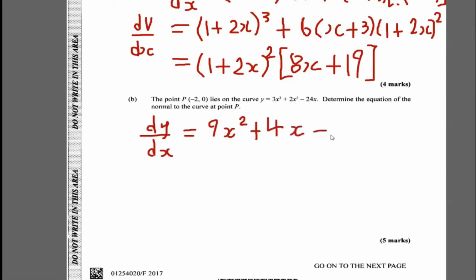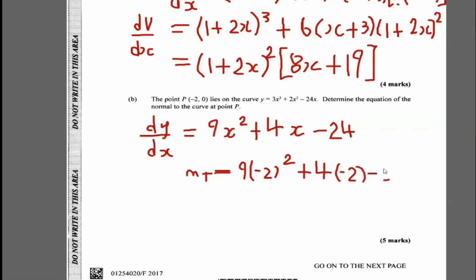But when we get dy by dx, this is the gradient function for the curve. But we don't want the gradient function. So all we need to do now is plug in to get the gradient of the tangent. When we plug in x equal -2, that will give us the gradient of the tangent. So 9 times (-2) squared plus 4 times -2 minus 24.